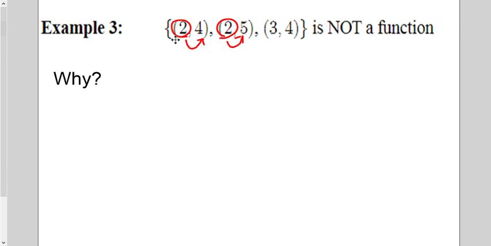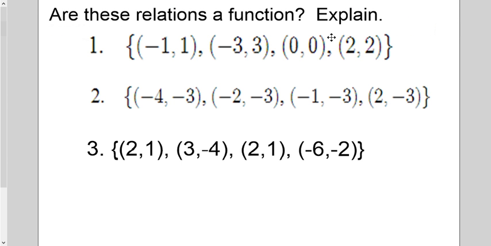If all the repeating x values have the exact same y value, it is a function. But if there's a difference, like this 5 is different than that 4, then it's not a function. So let's take a look at these three relations right here, and then we'll wrap this lesson up to let you practice some more.